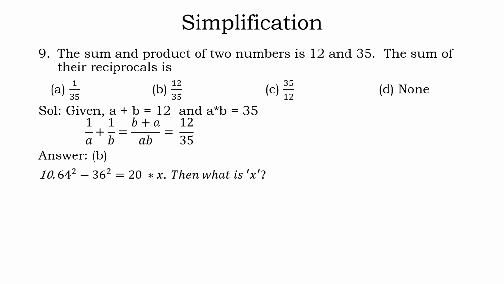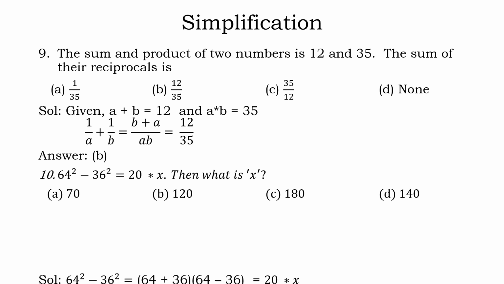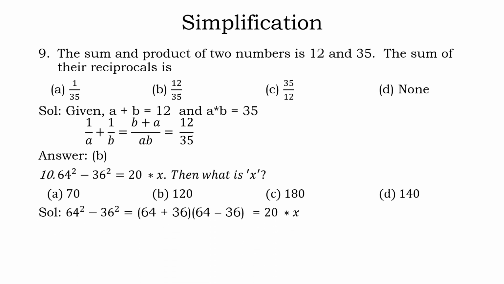In the next problem, this is a simplification where we use a square minus b square equal to a plus b into a minus b. So 64 square minus 36 square equal to 20 into x. Then what is x? Now we can write 64 square minus 36 square as 64 plus 36 multiplied by 64 minus 36, which is equal to 20 into x.